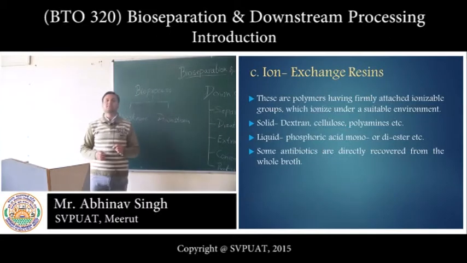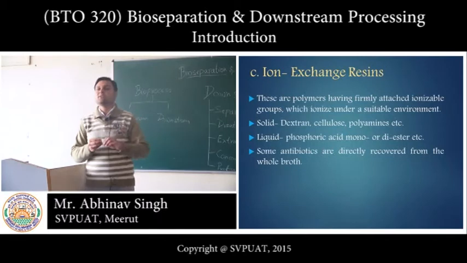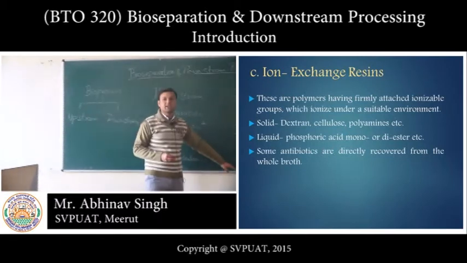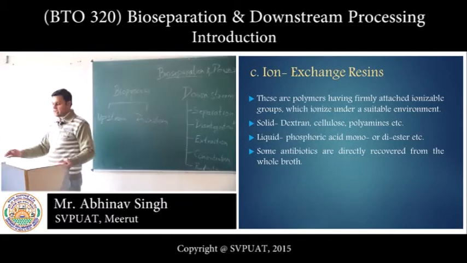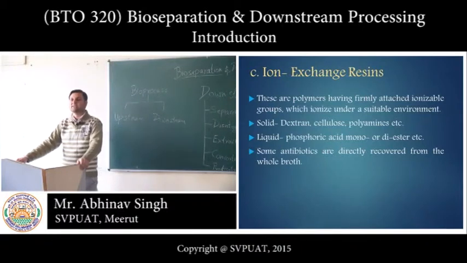These polymers adhere to the product of our interest on the basis of its ionic nature, or we can say on the basis of the charges present on it. These reagents could be in solid form, say dextrans, cellulose and polyamines, which can be used as ion exchange reagents in solid format. Otherwise, if we require liquid, then we can use phosphoric acid mono or diesters.